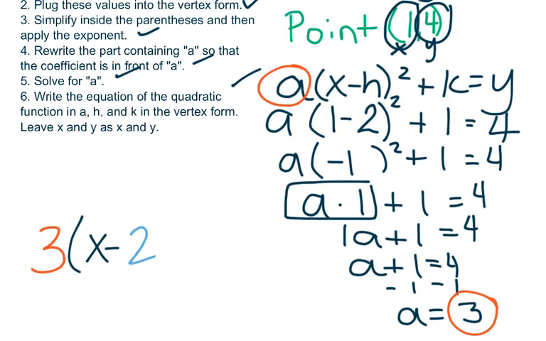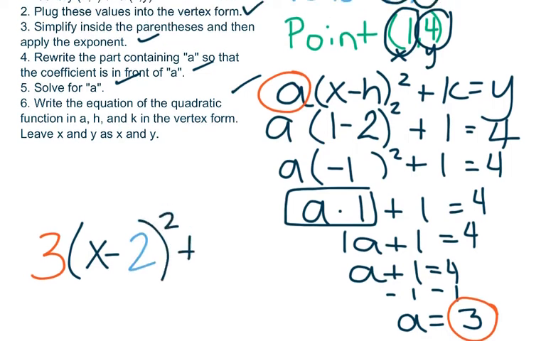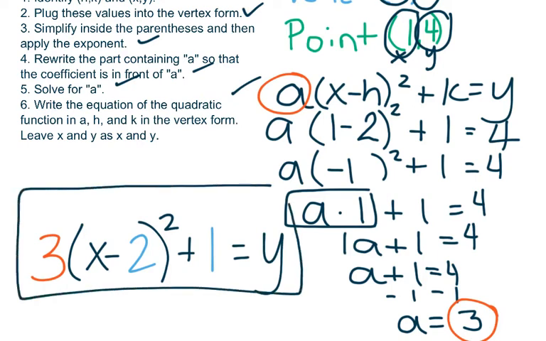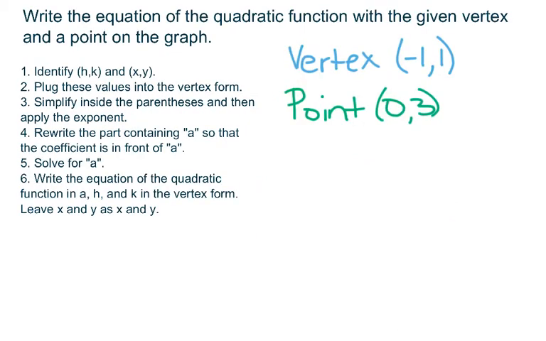So 2. We always have a squared. Plus, if you remember, the k at the very beginning was 1. So plus 1. And it's going to equal y. So x and y are always going to stay x and y. But you need to have a value for a, for h, and for k. That's a little confusing, I know.